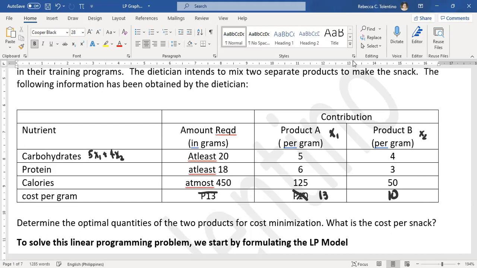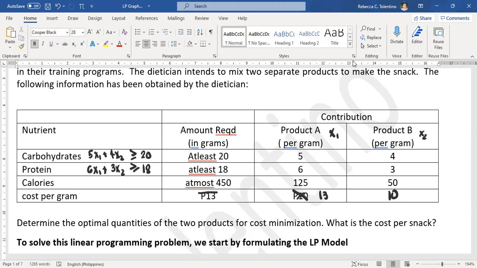When we say at least, it means 20 and above, so the sign would be greater than or equal to 20. For the protein requirements, we have 6x of 1 plus 3x of 2. Again, the protein requirement is at least 18, so we have to use greater than or equal to 18 also.